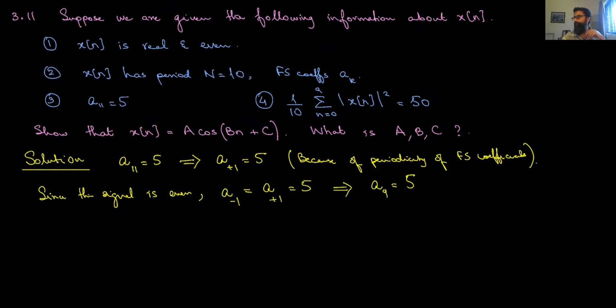So we can get an expression in terms of a_k from the fourth point, Parseval's relationship. Can we take the coefficients from A plus 1 to A11?